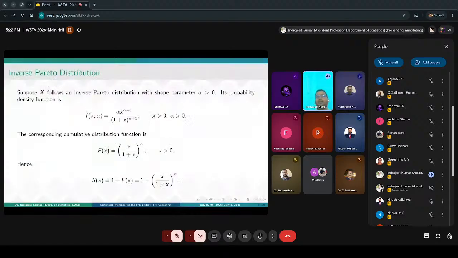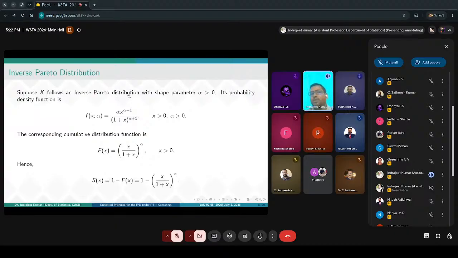Suppose X follows the inverse Pareto distribution. X is the failure time of the experimental unit, and it follows the inverse Pareto distribution.